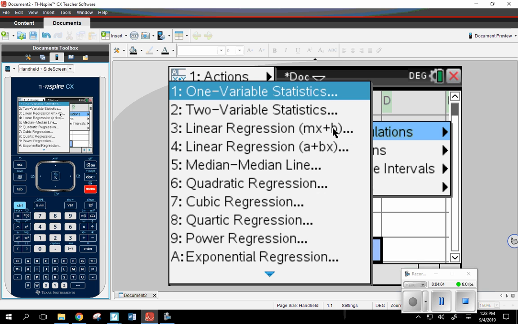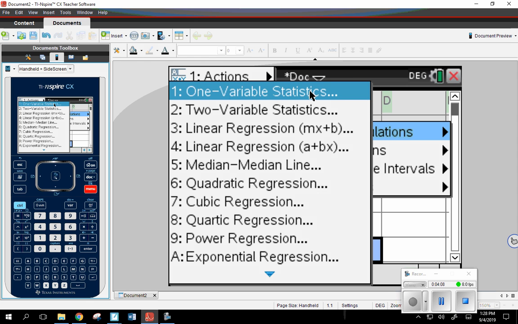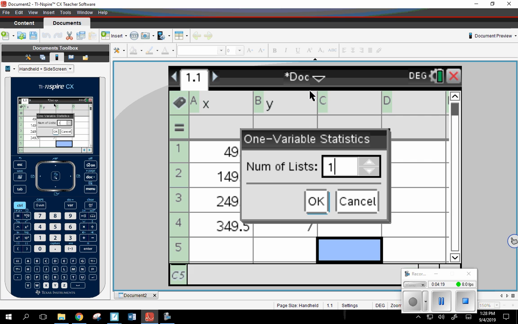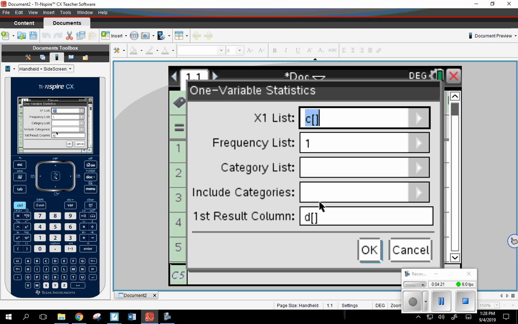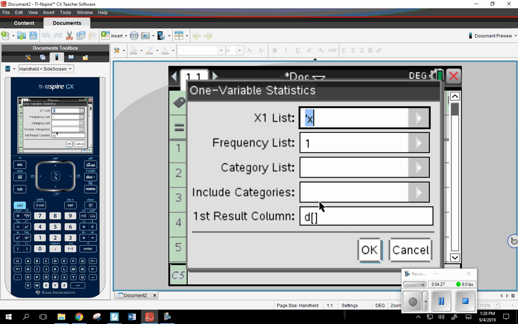Okay, stat calculations. 1 or 2 variable? I got 2 columns. Remember, that's the frequency table, so there's still just one set, even though I've got 2 columns of data here, what appears to be. So 1 variable, I just click OK past this. So the X1 list, we want to make sure to choose the first one that we got there.